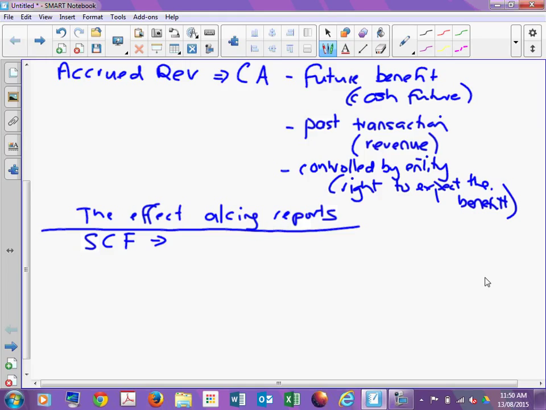How does that balance day adjustment affect the statement of cash flow? It doesn't because it's in a general journal. No effect. The effect of accounting reports. A/C is short for account.